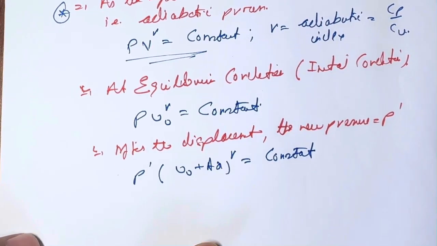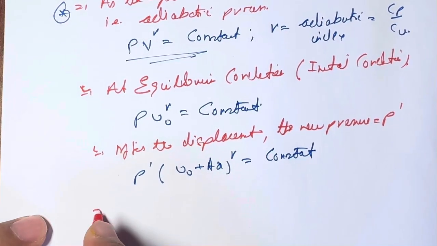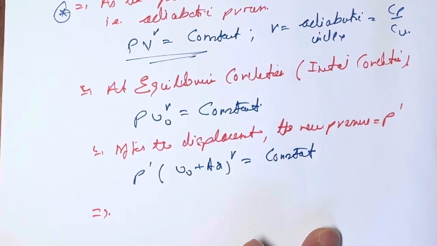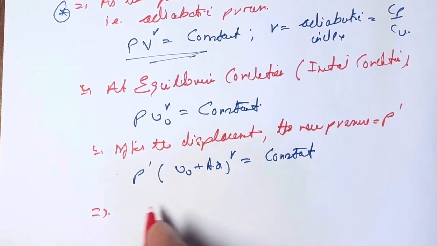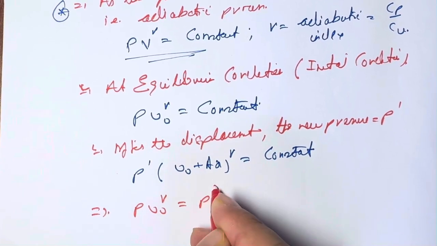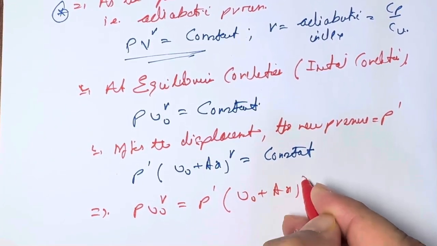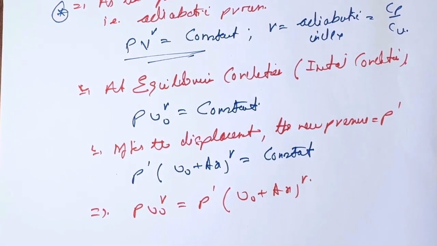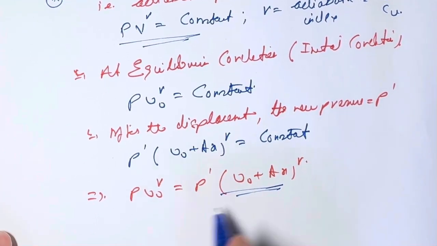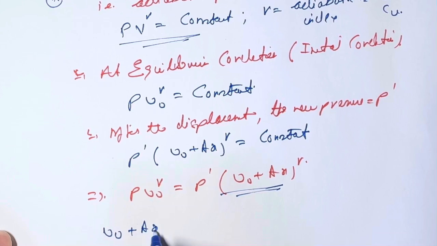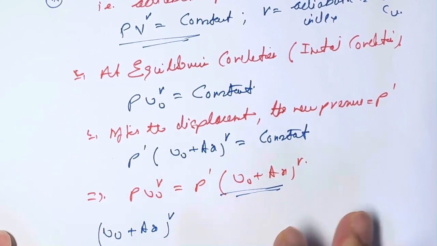So we can combine these two equations, so we can write P V naught gamma is equal to P prime V naught plus AX raised to power gamma. And we can solve this separately, that is V naught plus AX raised to power gamma.